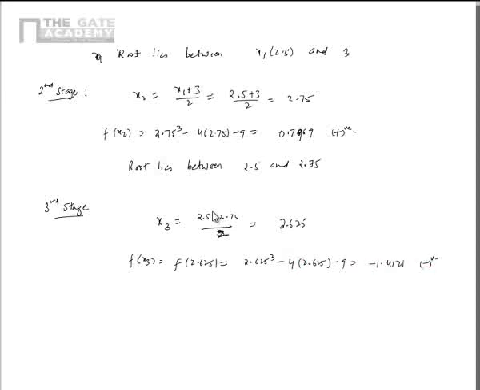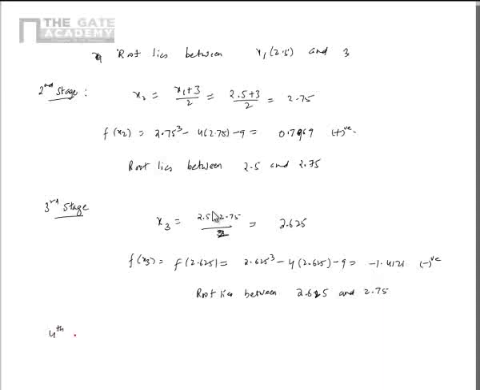This is negative. Because at 2.75 it was positive, the root lies between 2.625 and 2.75.